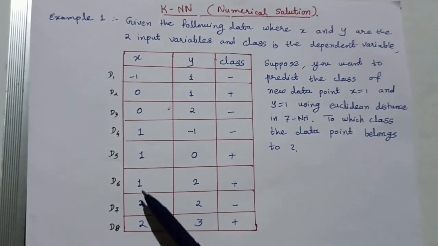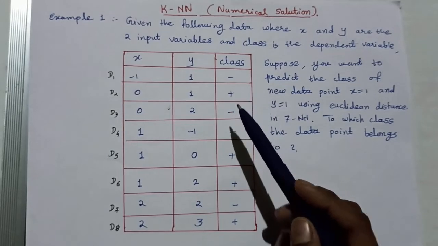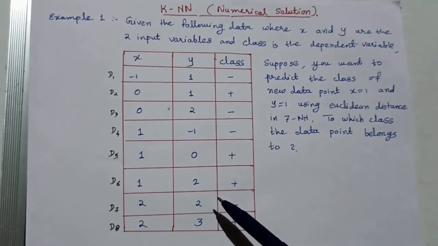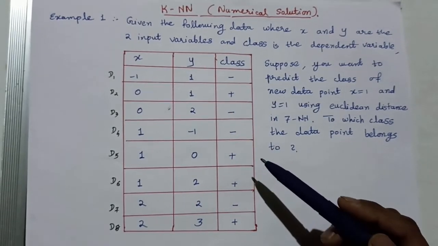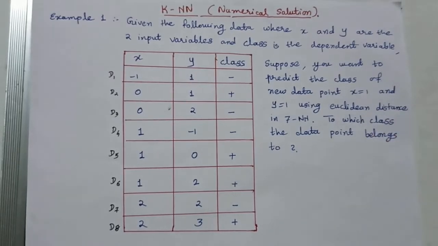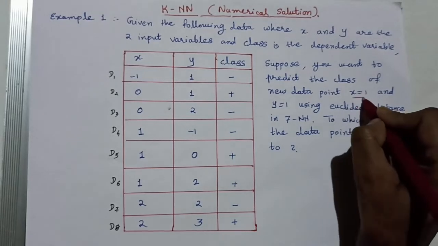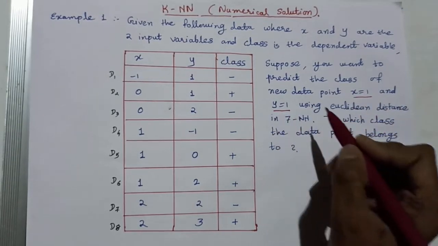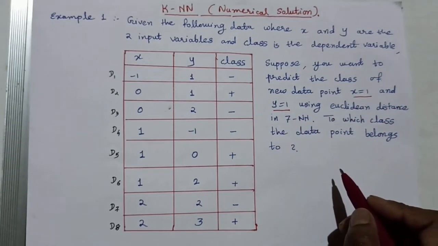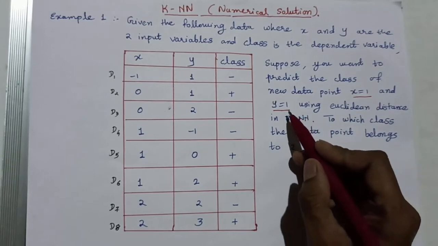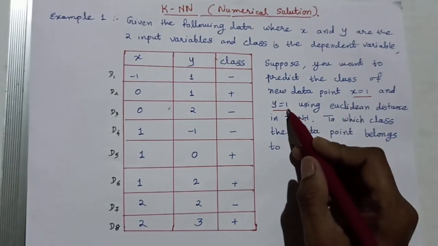So this is the labeled data which we can use for training purposes, and this test data point is given, that is x is equal to 1 and y is equal to 1. We have to predict the class of this test data point.